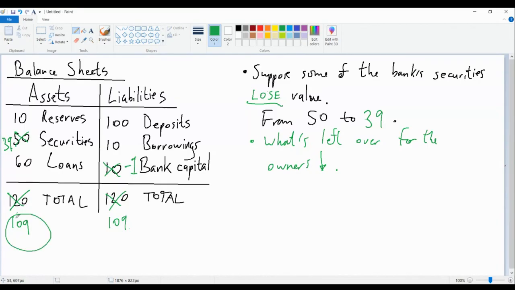It means that if you took the total value of all the assets controlled by the bank, you would not be able to cover all the bank's obligations to other people. That doesn't look good. When a bank is in this situation where the total value of its assets doesn't cover anymore the total value of its liabilities to other people, we say that the bank has become insolvent.